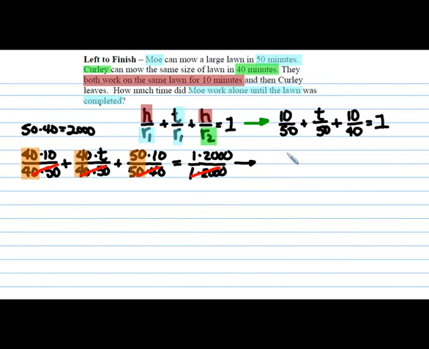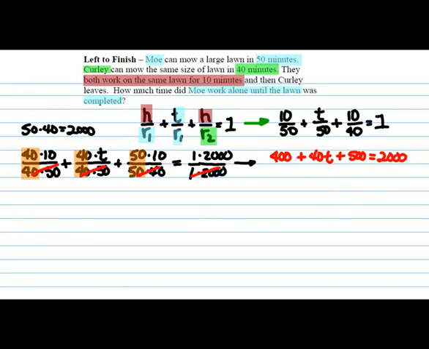So now the equation that I end up with, 40 times 10 is 400, plus 40 times t is 40t, and 50 times 10 is 500, and then all that's going to be equal to 2,000. Okay, I'm going to collect my like terms.